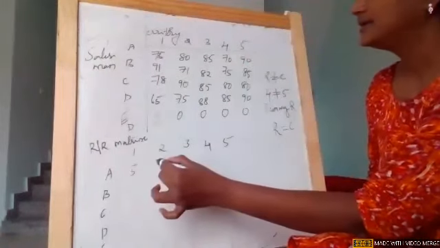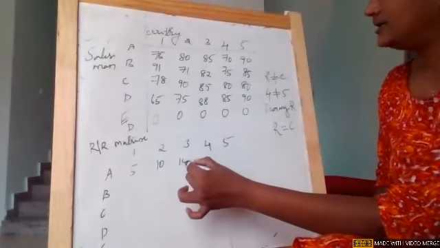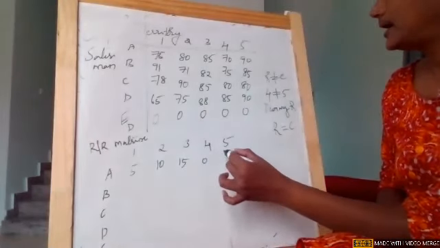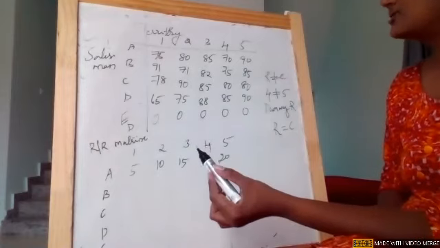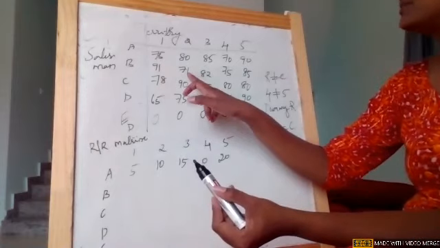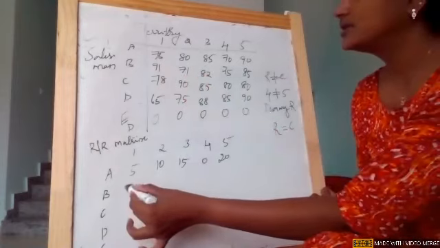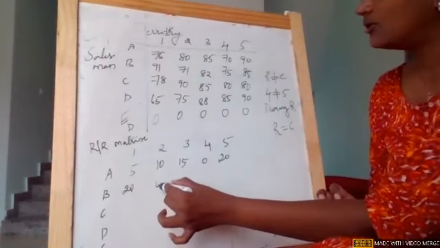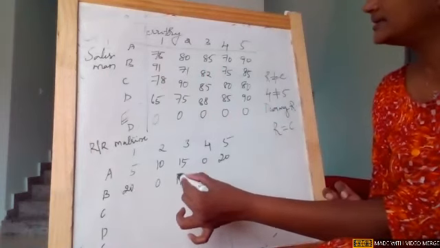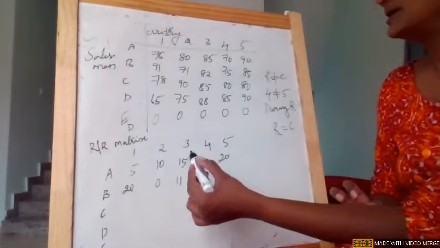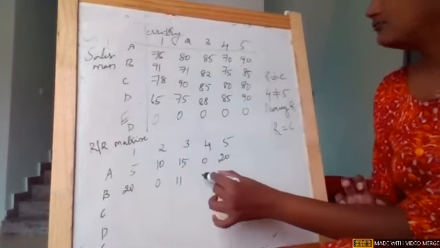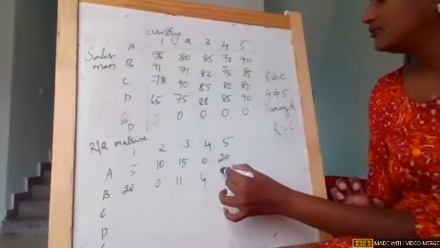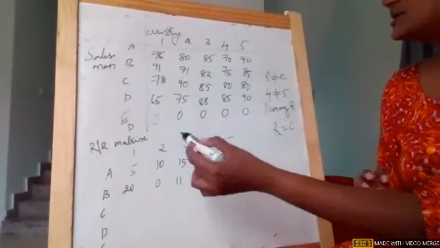So 5, 10, 15, 0, and 20. This is how the first row is modified. In the second row, the smallest value is 71. So it is 20, 0, 11, and 4, and 14. This is how my second row is.